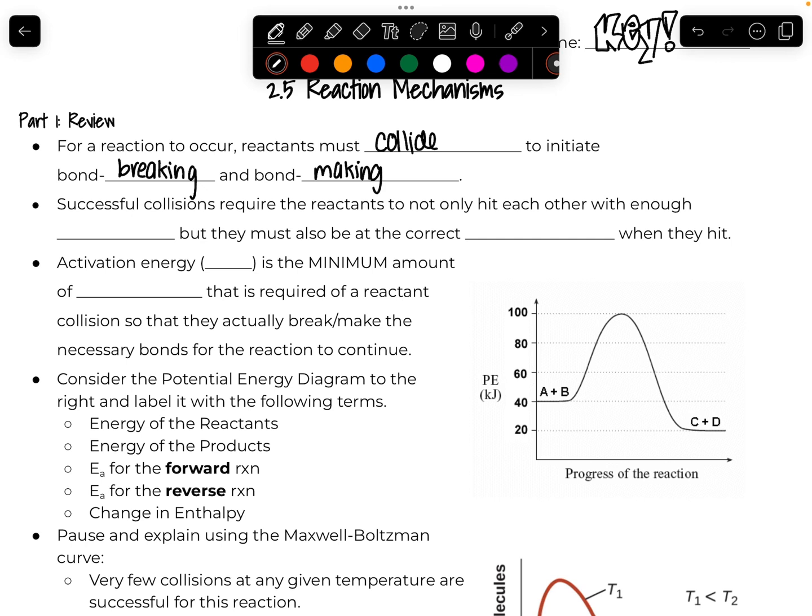There's a couple of caveats that have to be true. Your successful collisions must have enough energy, but the reactants also have to be at the correct orientation when they hit each other. That's kind of the trickier part, right?